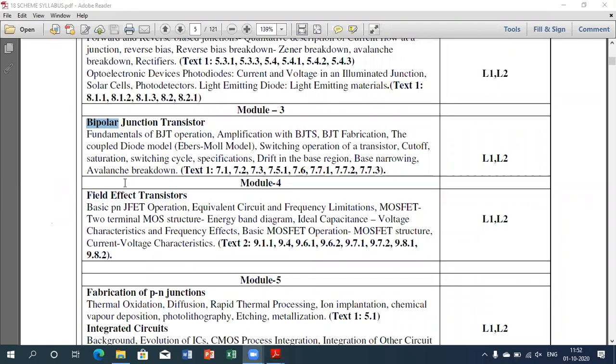Now, the first topic is fundamentals of BJT operation. In this topic, we will discuss the introduction part of the BJT. The BJT has two types. One is the NPN transistor, another is the PNP transistor.